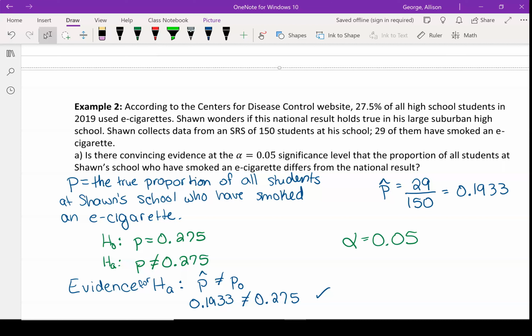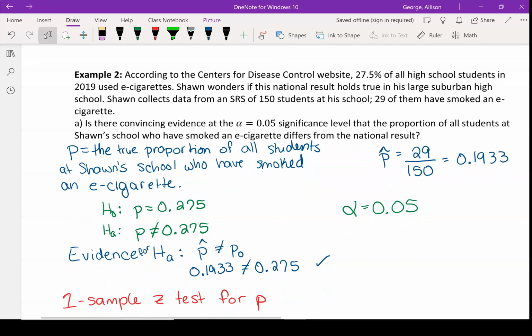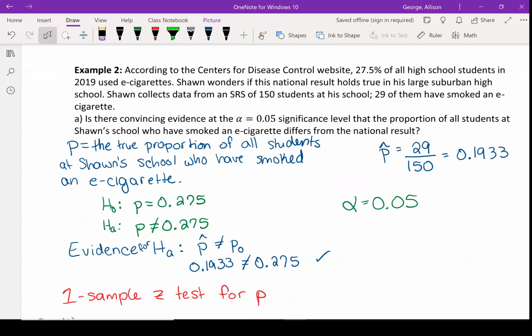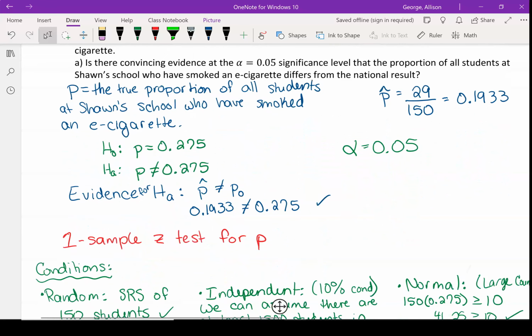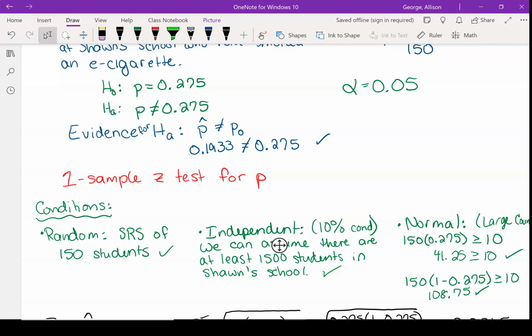So then from here, we want to proceed into our plan step. We need to name our test, and we need to check our conditions. This is a one-sample z-test for p, following the same pattern we've been using. Then for conditions, we want to check random, independence, and normal.